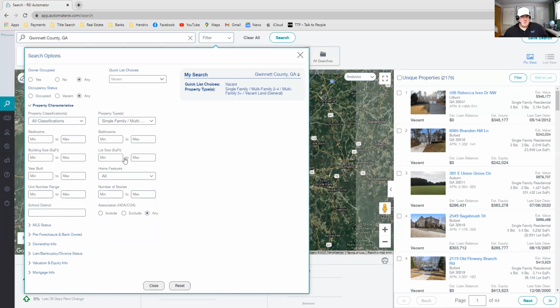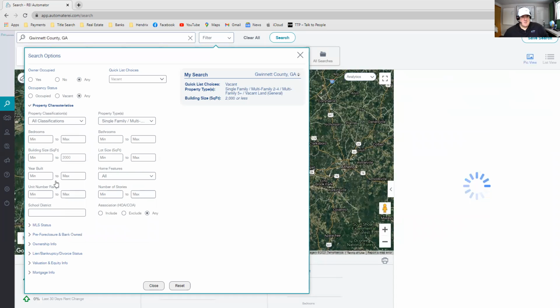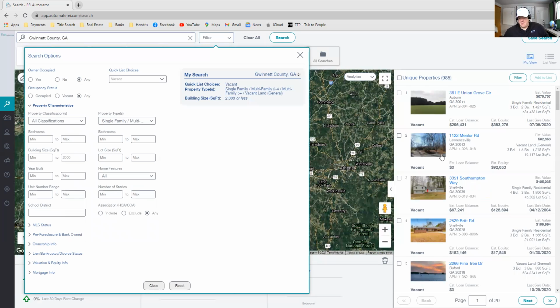And I don't like going after anything that is bigger than 2,000 square feet. And I don't like going after anything that's newer than 1990.